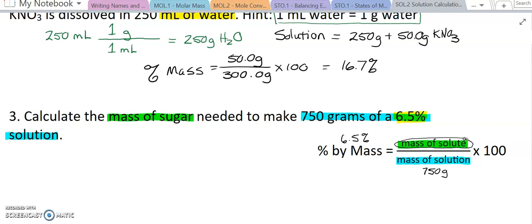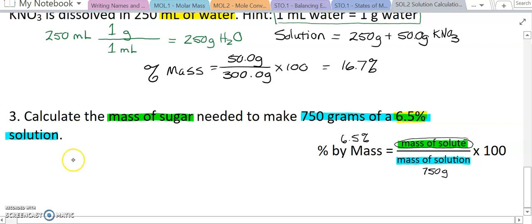So I am going to rearrange this equation, and I am going to have the mass of my solution on top, times my percent by mass, and then I've got this times 100.